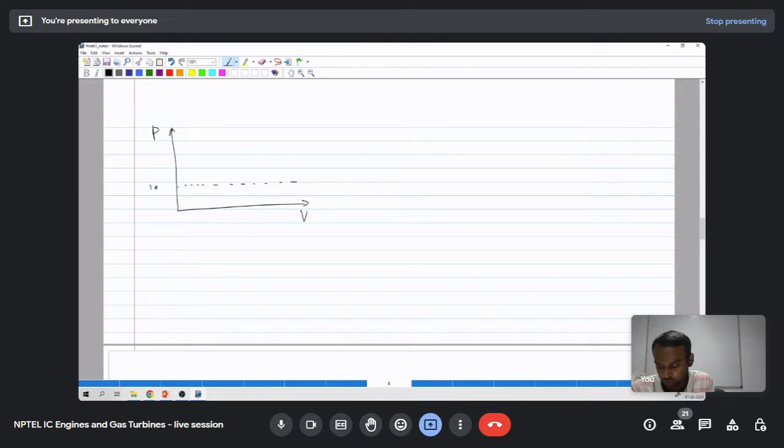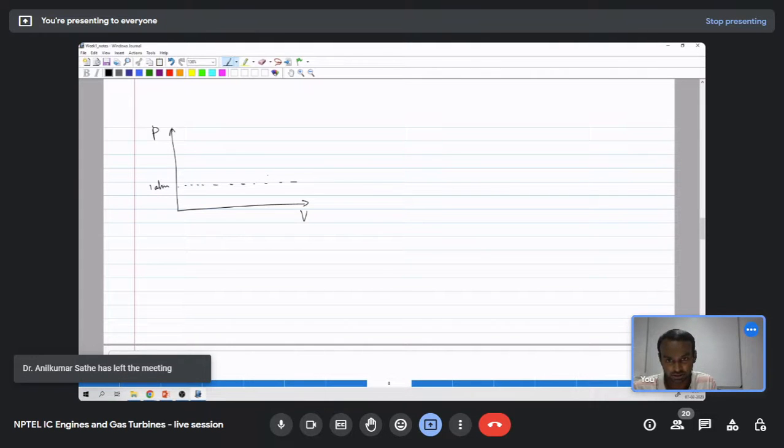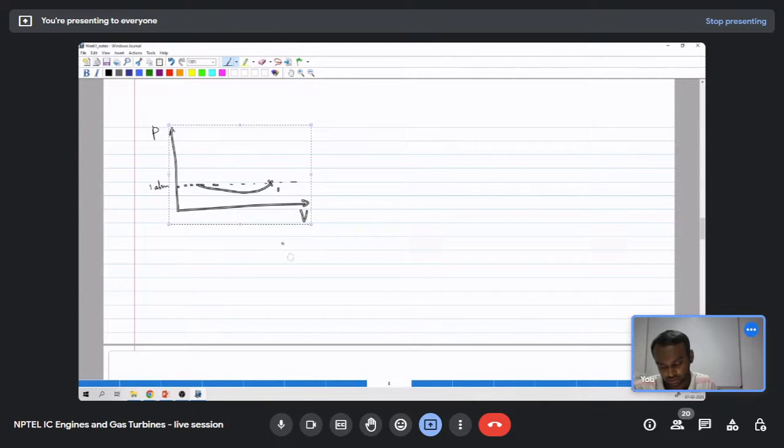Assume this is 1 atmosphere, and for a naturally aspirated engine, like an SI engine, we start from here. During the suction stroke the pressure will go down, and during compression it goes high.